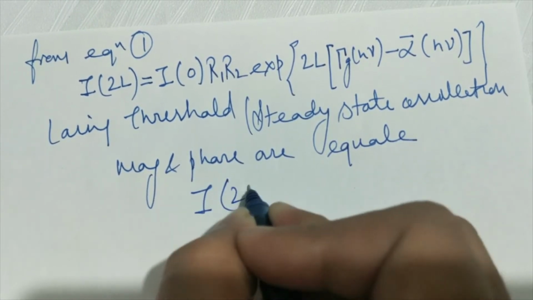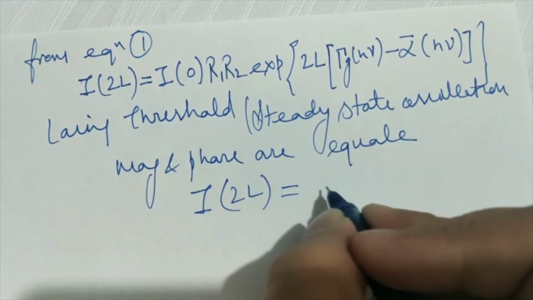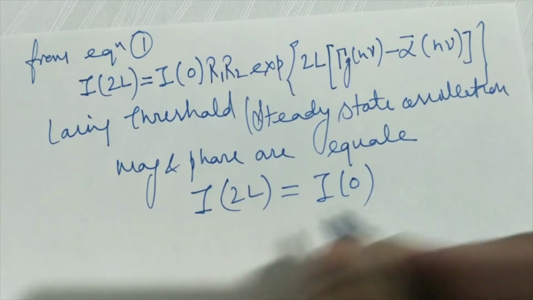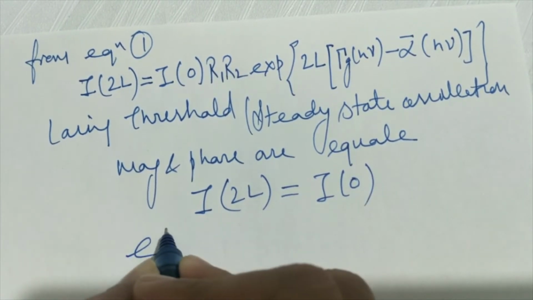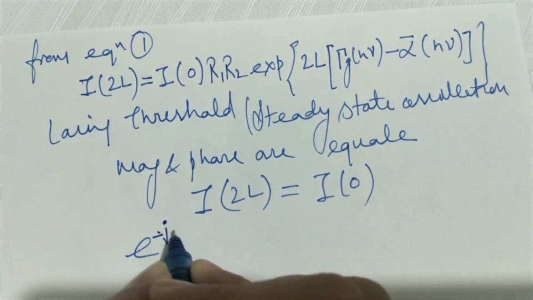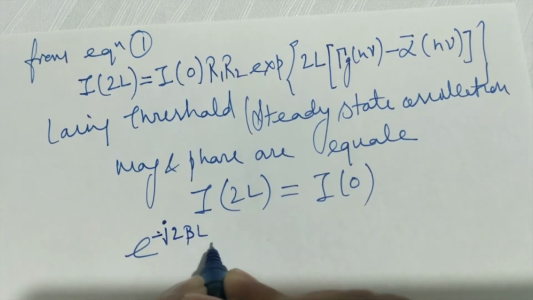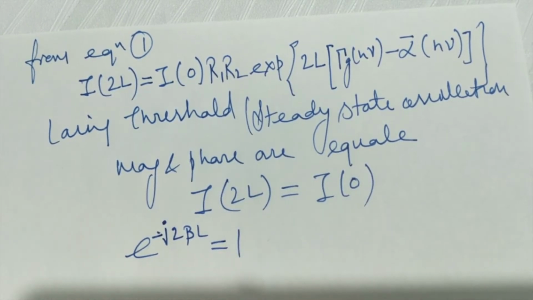That means the magnitude of intensity I 2L must be equal to I naught, and the phase term e to the power minus j 2 beta L is 1.